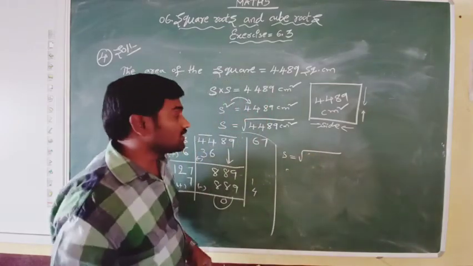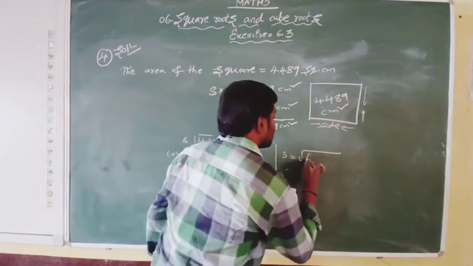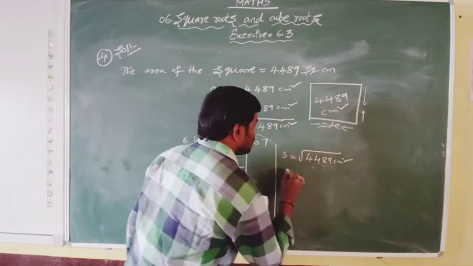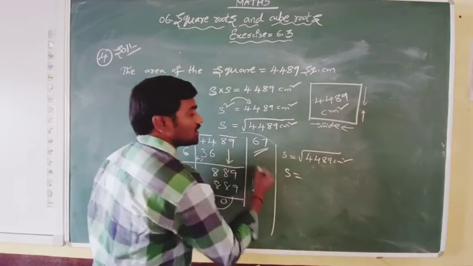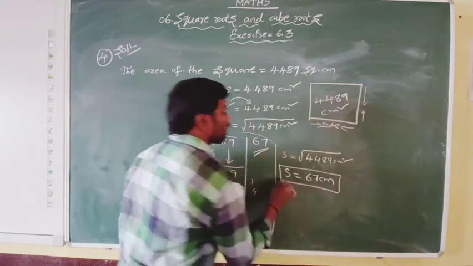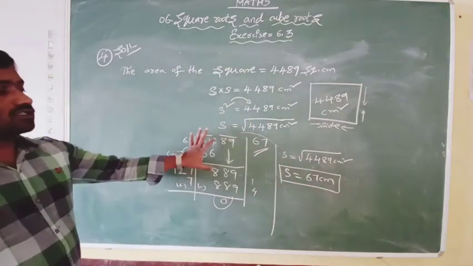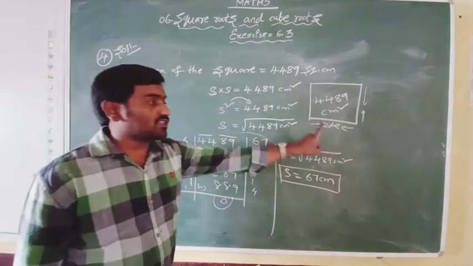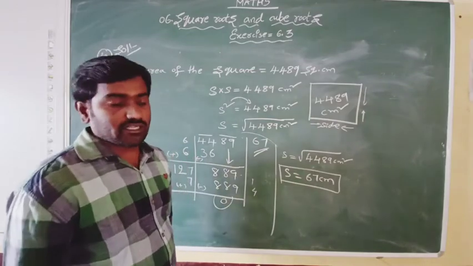Directly you can also write it in this way. Side equals under root of 4489 centimeter square, and we got the answer as 67. So 67 centimeter. Yes, I hope you understand. Therefore the length of the side of a square equals 67 centimeter.